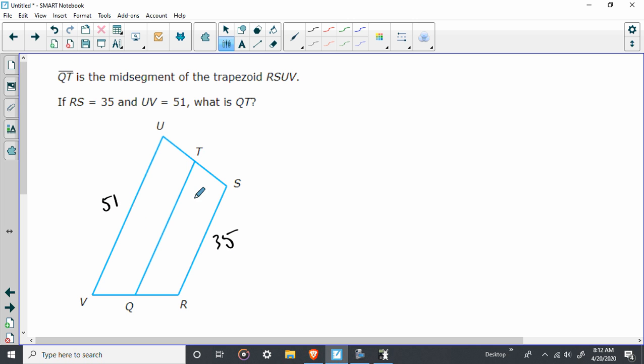How long is QT? Well, again, all I need to do is take the average of these two numbers, and that will give me QT. So what am I going to say? I will say RS plus UV over 2 is equal to QT. So let's fill in what we know. Right? So RS is 35.